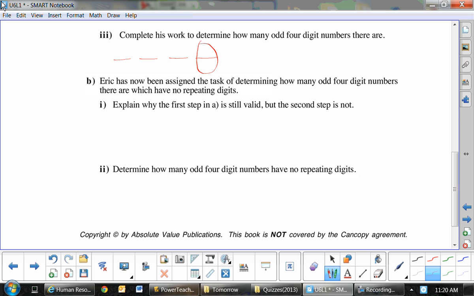We drew the blanks, then you do your restrictions. It has to be 1, 3, 5, 7, or 9. You can even write them in there if you want. So how many choices do I have? 5. Now, then you start from the first number and work through to complete the rest.